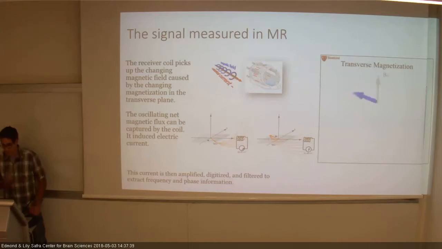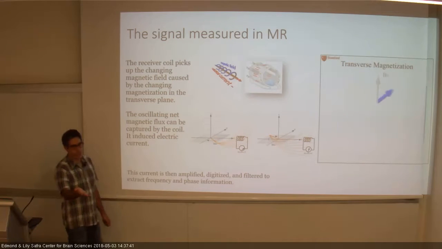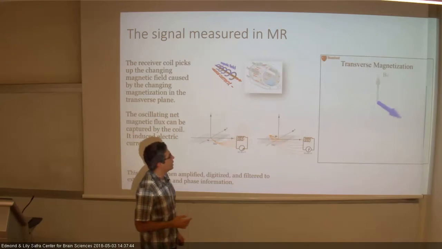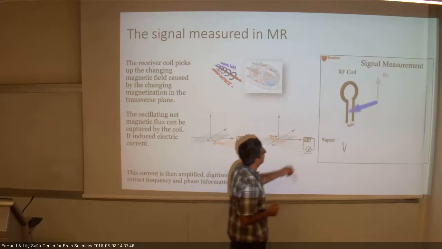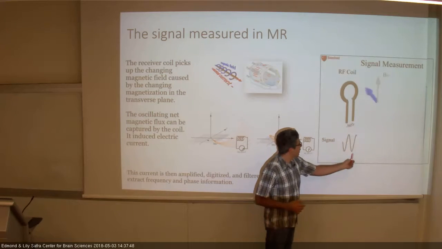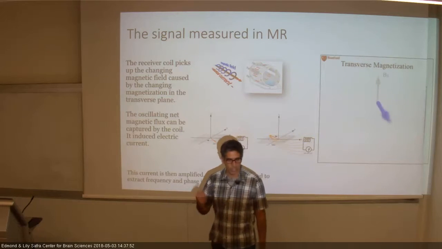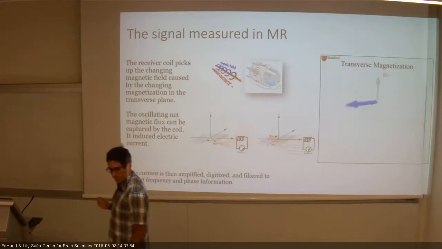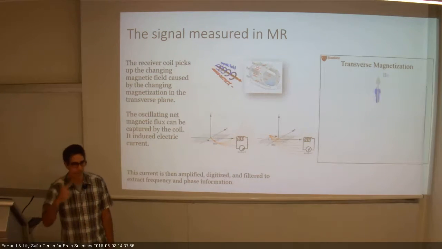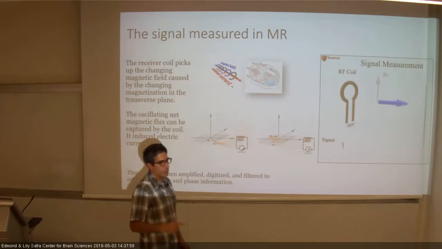So here is our projection of the magnetic field toward the xy plane, and soon there will be a receiver here, and there is a signal, and it oscillates because the vector goes through it and then leaves. So we now have an electrical measurement of this magnetic field that came from the protons in the water in the brain.